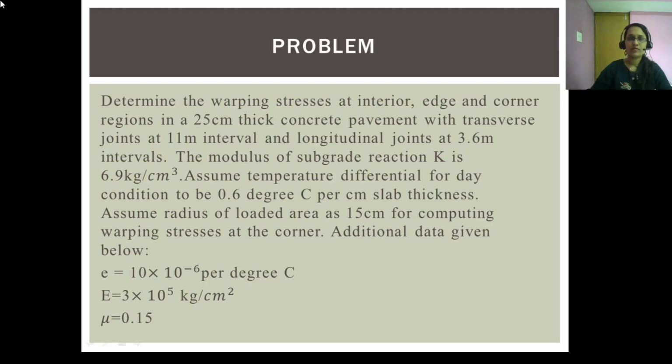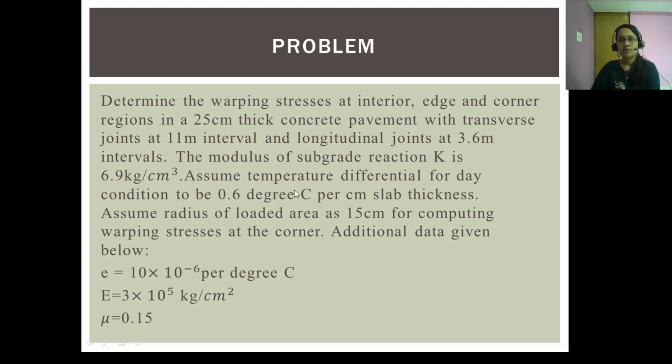Let us see a problem here. Let us read this. Determine the warping stress at the interior, edge and the corner regions in a 25 centimeter thick concrete pavement with transverse joints at 11 meter interval and longitudinal joints at 3.6 meter intervals. The modulus of subgrade reaction K is 6.9 kg per centimeter cube.